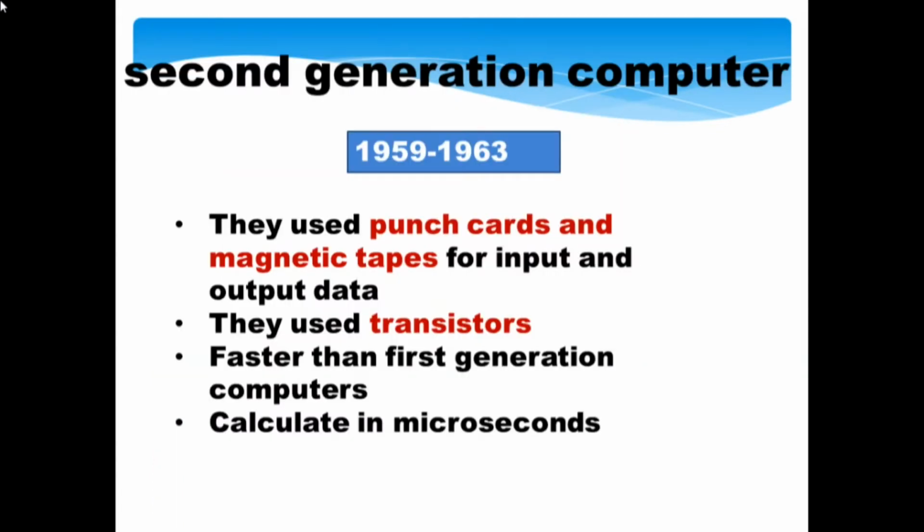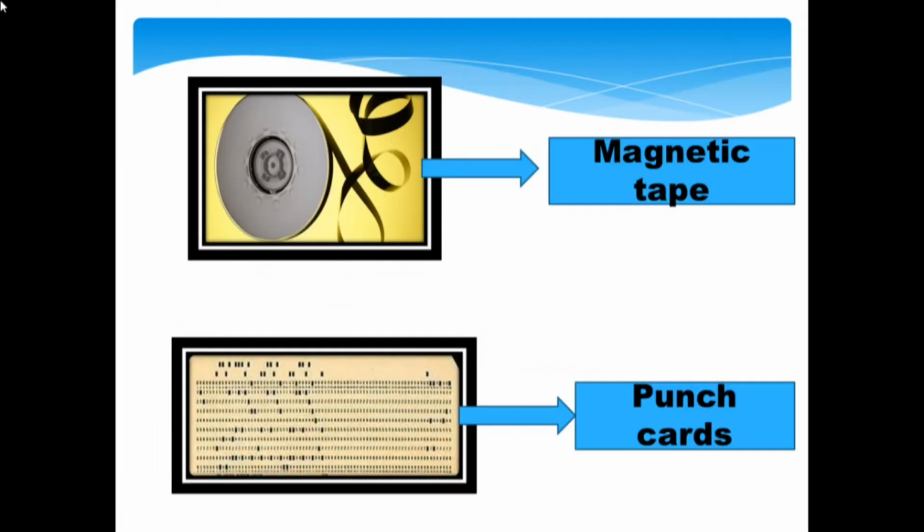And second generation computers used both punch cards and magnetic tapes for input and output data, and they used transistors as electronic components. They were faster than first generation computers. Okay, you can see the picture of magnetic tapes and punch cards.